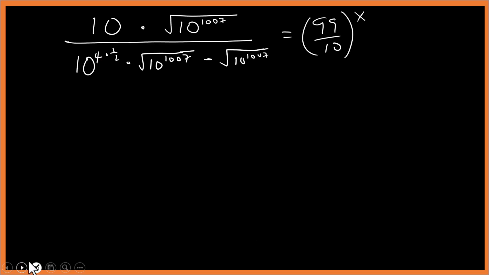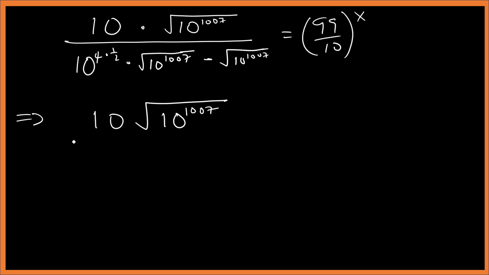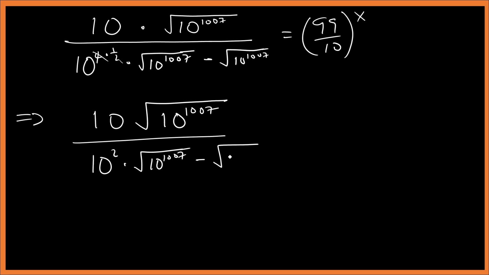Now from here, remember this side to be 10 times 10 raised to 1007, and this side will be 10 raised to the power 2 times 10 raised to 1007, minus 10 raised to 1007, equals 99 on 10 raised to x.